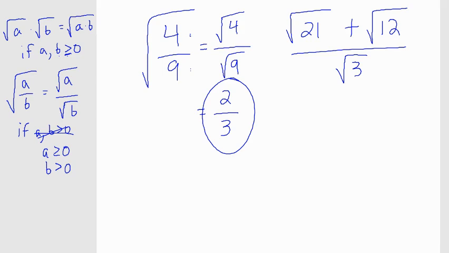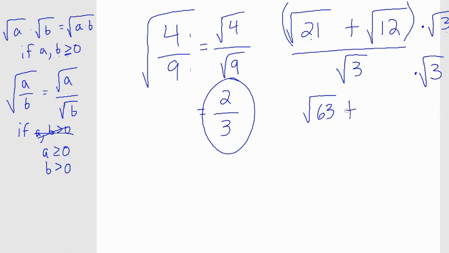So again, as I mentioned before, this is a video that's kind of like part 2 to the rationalizing the denominators with radicals. So I'm going to rationalize this by multiplying both top and bottom by the square root of 3. But note on the top, I have to distribute it to each term because there's this plus sign in the middle. So 21 times 3, well, that's just 63.